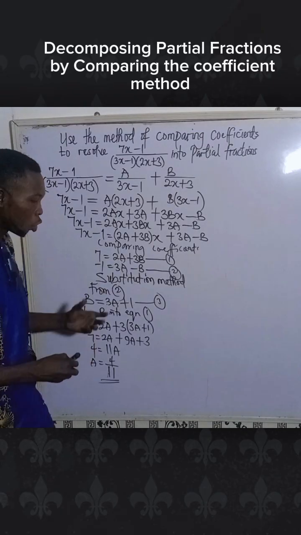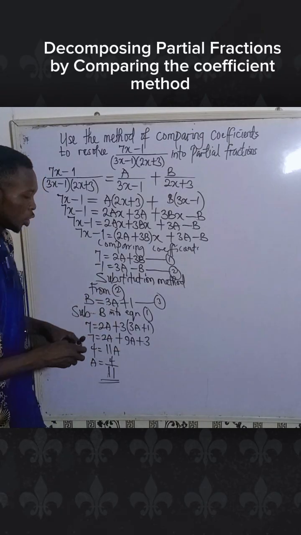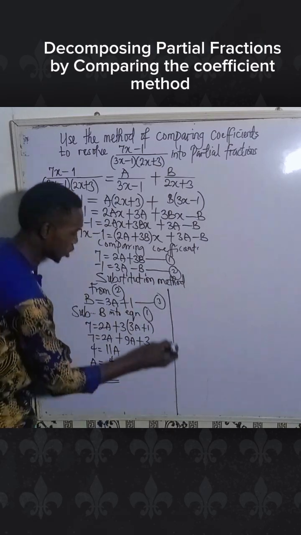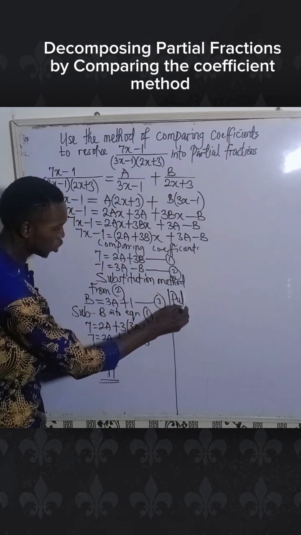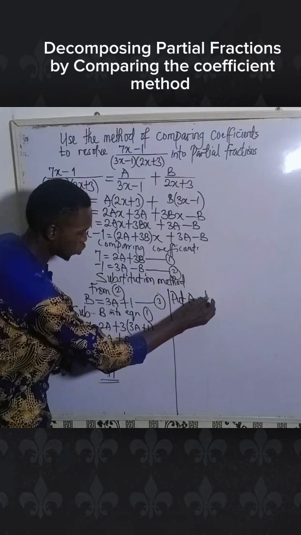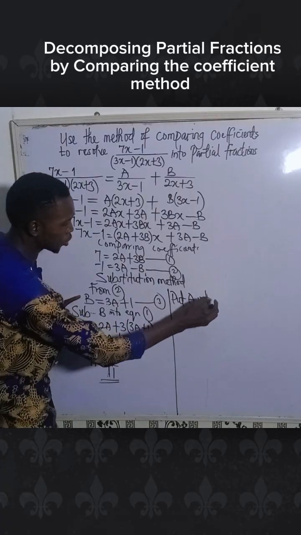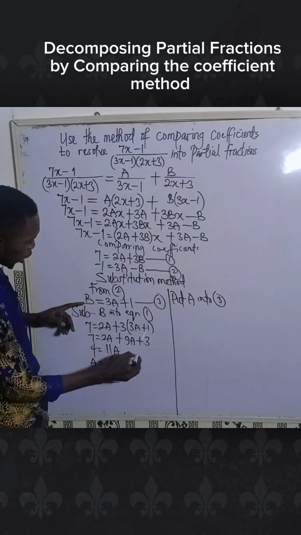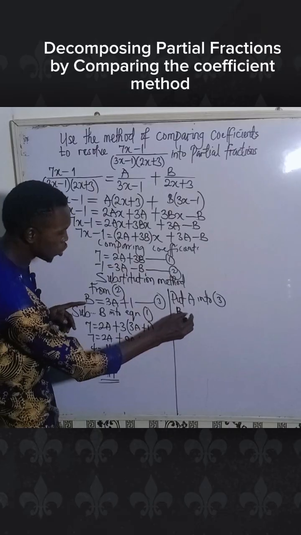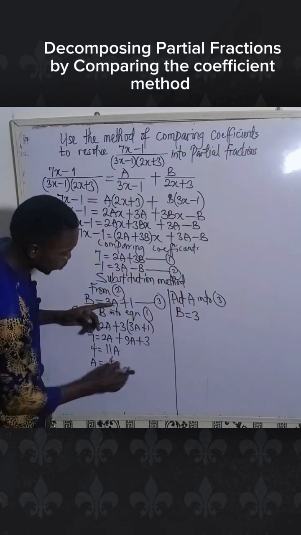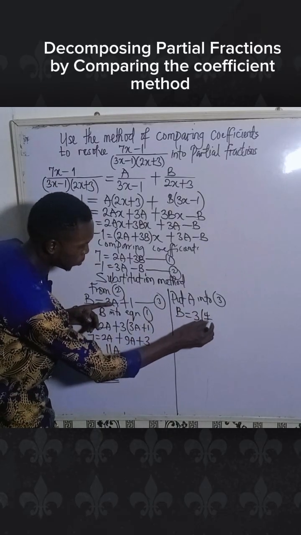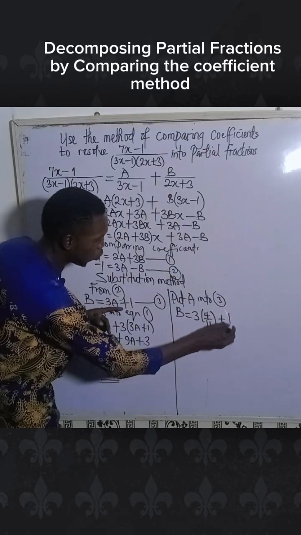Now, the next thing is you also find the value for B. So how do you find the value for B? Just put A into equation 3. Yes, into equation 3, and equation 3 is B equals 3A plus 1. Now A becomes 4 upon 11, plus 1.